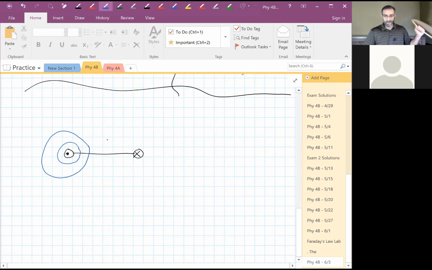And I need to know which direction they go. So I've got my thumb in the direction of the current, and it tells me that everywhere on the interior of the loop, the magnetic field is pointing up, and everywhere on the exterior of the loop, it's pointing down.